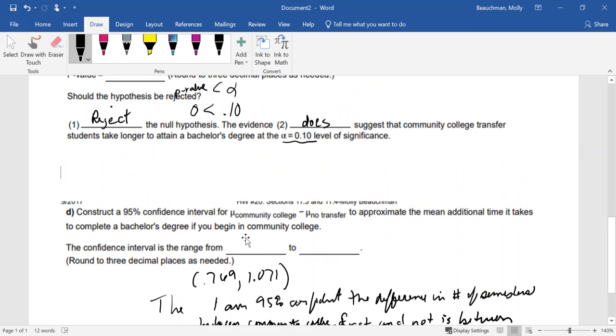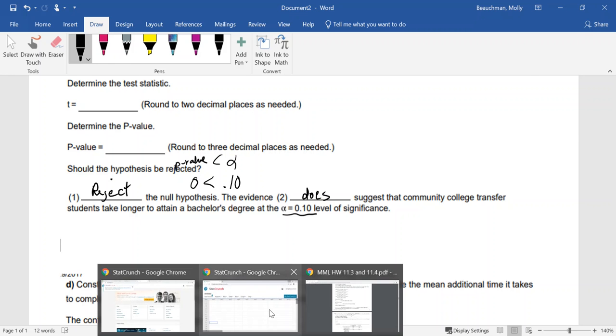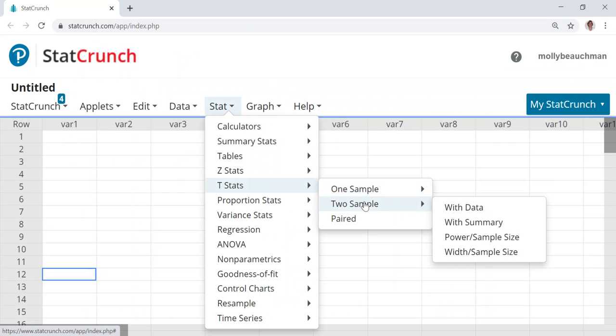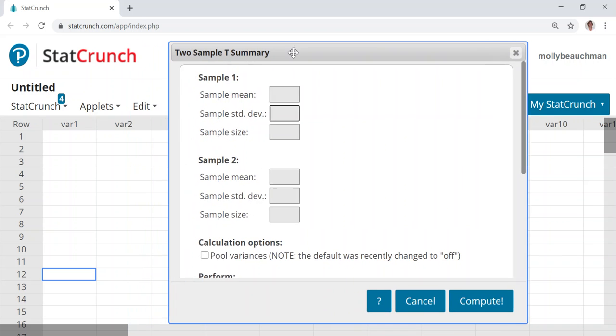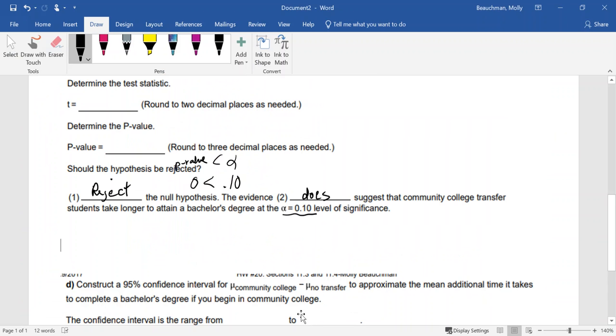All right, so that's how to use our calculator. And now using StatCrunch, we're going to use stat, t-stats. These are 2 samples with a summary, not with data. You're going to type in the sample mean, sample standard deviation for both samples, just like we did. So let me get the values again.